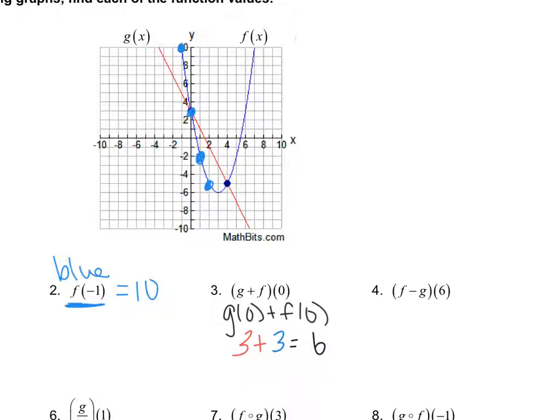Next, same exact thing: f of 6 minus g of 6. Remember that subtraction order matters, so make sure you pay attention to the fact that f of 6 comes first.